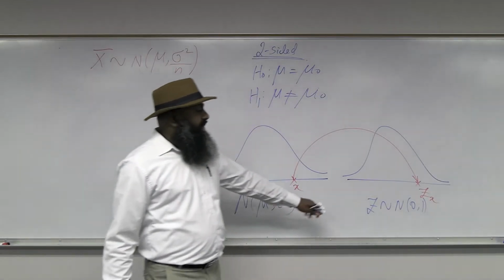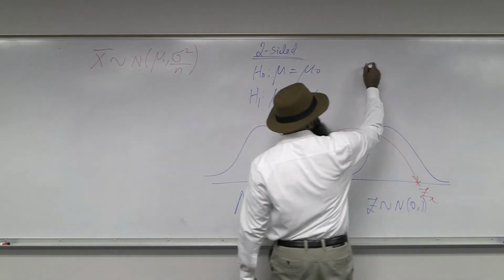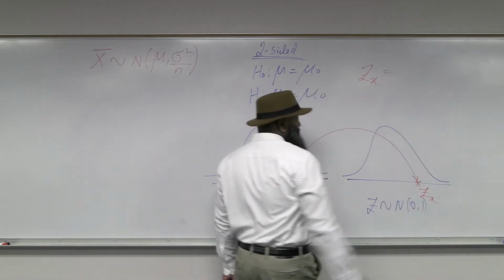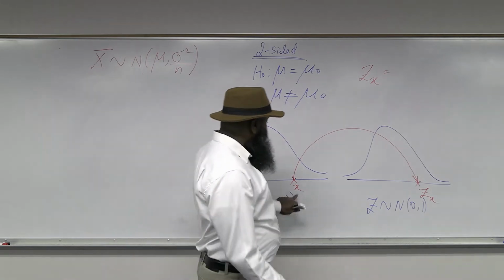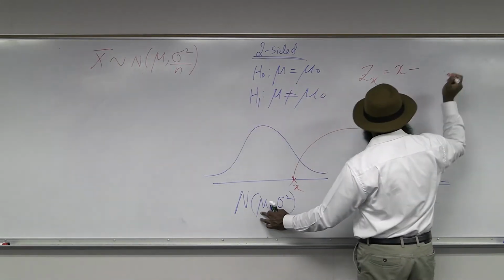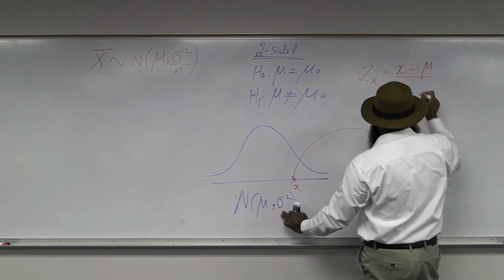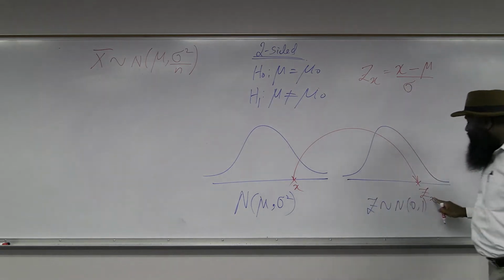And I gave you this equation for zx. Zx is equal to whatever this x value minus its mean, which is mu, divided by its standard deviation, which is sigma. That gives you the z-score.